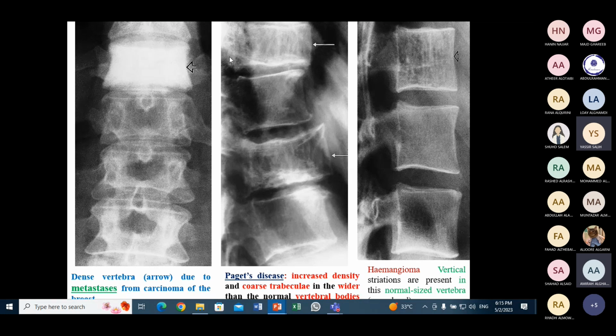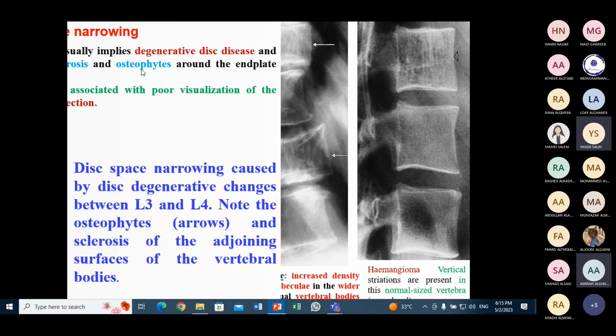This is more dense than the other and this more dense and this more dense يعني sclerotic يعني أكثر بياضا من ال others. هي characterized by vertical striation with normal size vertebrae. Vertebral body دي هي كلها normal size لكن دي شنو؟ abnormal trabeculation pattern with expanded vertebral body. أما دي with very dense vertebral body with normal size فدي is a metastasis.